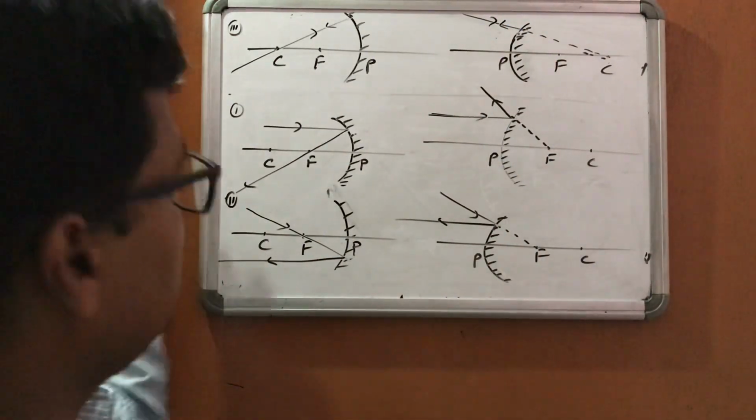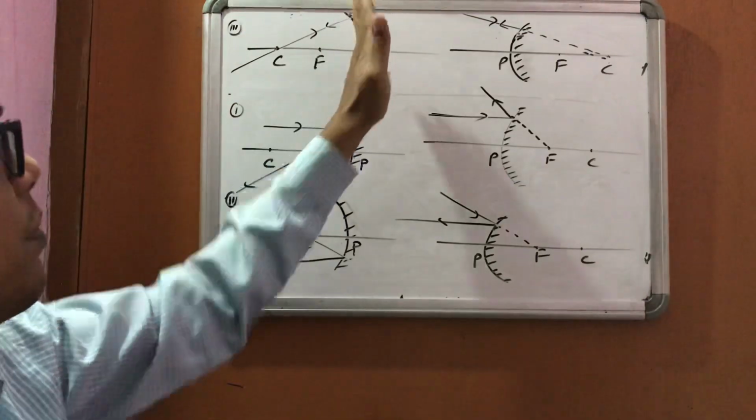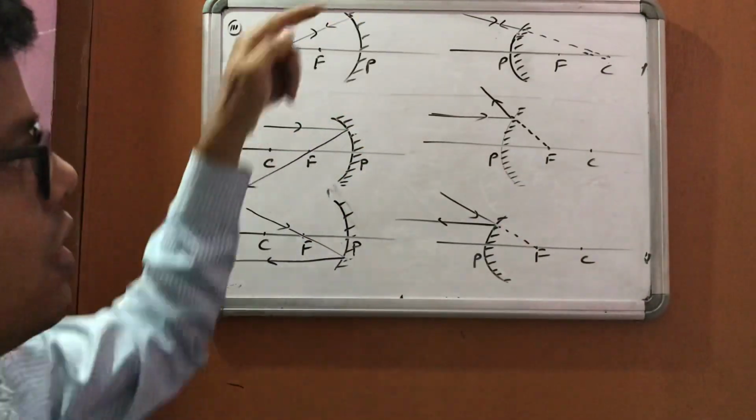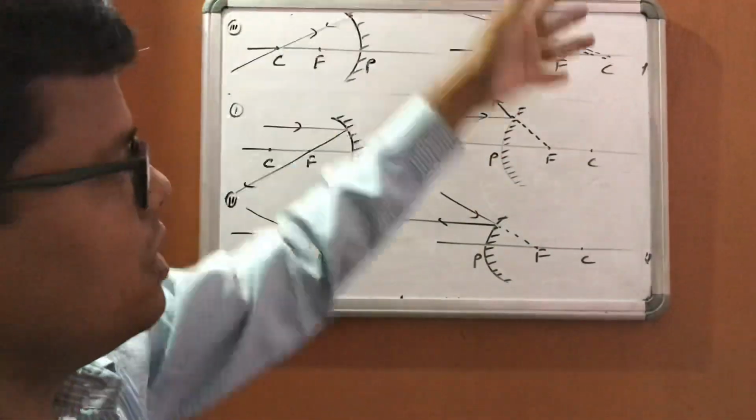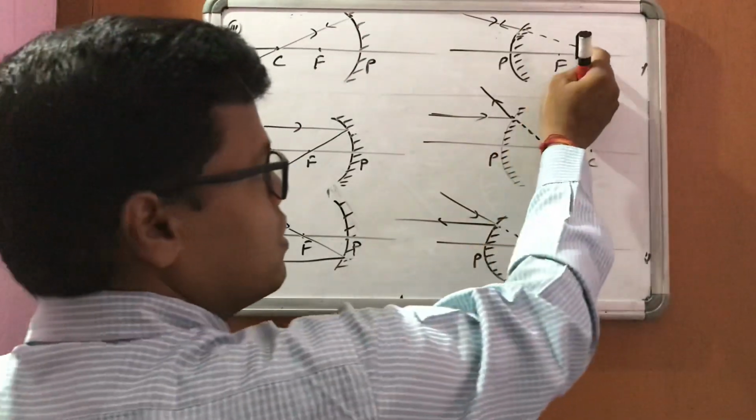The light ray passes through the center of curvature. In case of concave mirror, it retraces the same path. Similarly, the light ray coming toward the center of curvature retraces the same path in case of convex mirror.